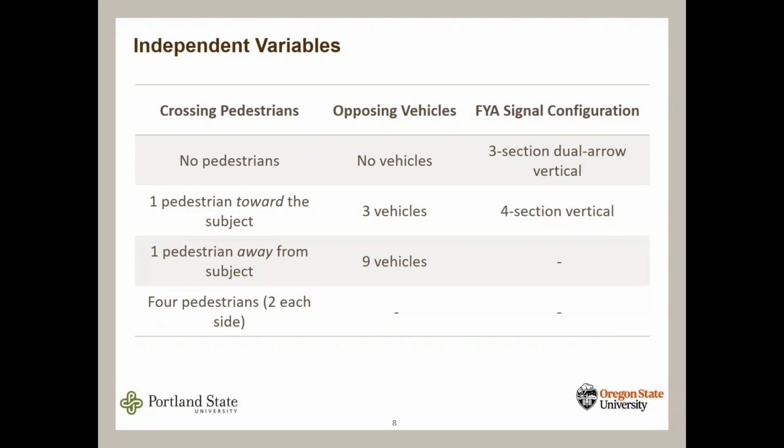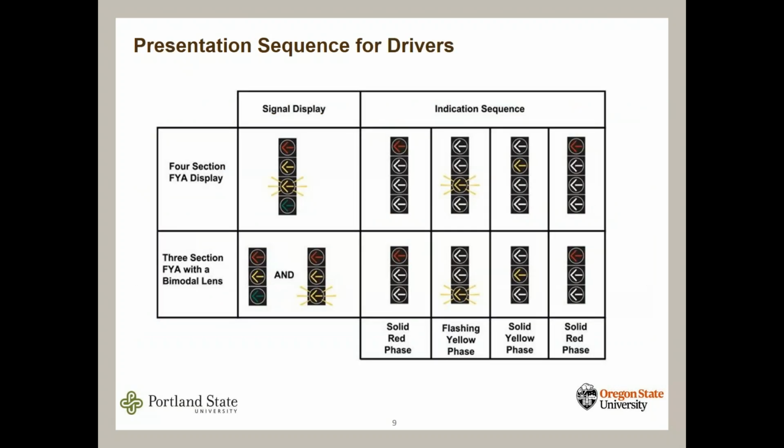We had a case with no vehicles, one with 3 vehicles in the standing queue, and another with 9. And then we had 2 configurations of the flashing yellow arrow, one with a 3-section bimodal presentation and one with a 4-section. Chris was talking about that as one of the traffic engineering questions that we were particularly interested in. Was there an effect in those 2 different cases?